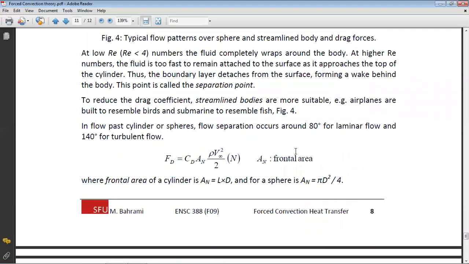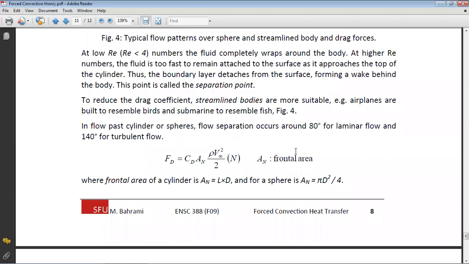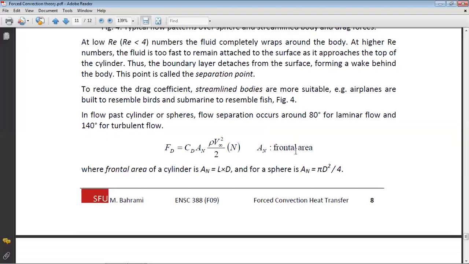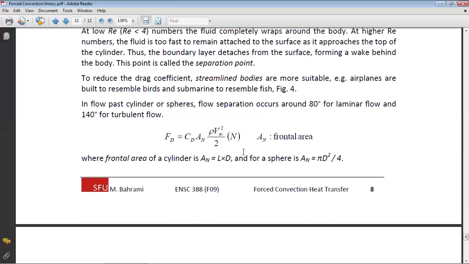This could also be the reason nowadays all the automobile vehicles have streamlined bodies in order to reduce the drag coefficient. The drag force is given by C_D into A_N into rho V square upon 2. C_D is the drag coefficient. A_N is the frontal area.